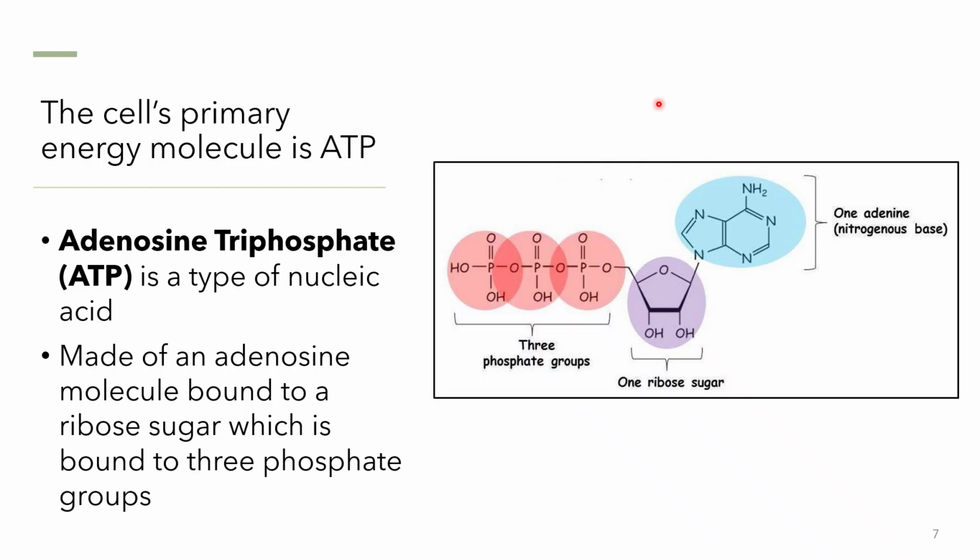Now, you've probably learned this in the past, but the cell's primary energy molecule is ATP. I've also mentioned in the course that this is the main chemical that we use for energy, but the cell really likes to use proton motive force as well as a way to do work.